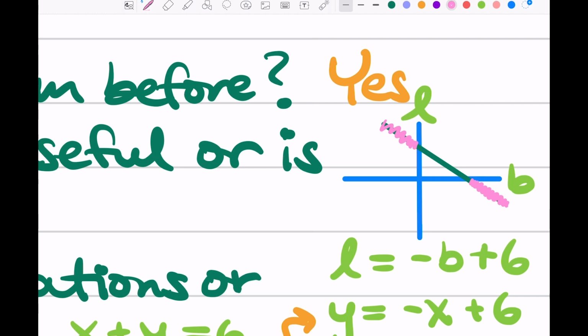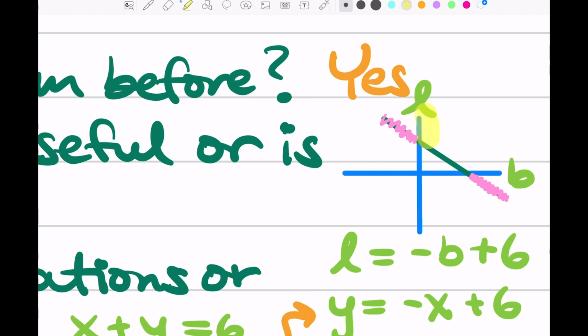Simon can't play for a negative number of hours. He can play for 0, 1, 2, 3, 4, but he can't play for negative 3 hours. So we'd only focus on values in this top right area. And drawing this chart might help you understand the problem a little bit better. However, as we'll see, we can solve this problem without a graph.